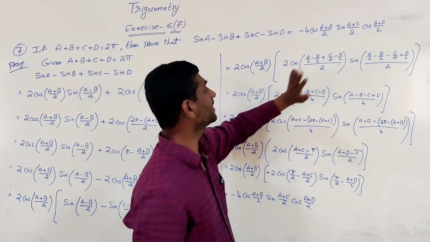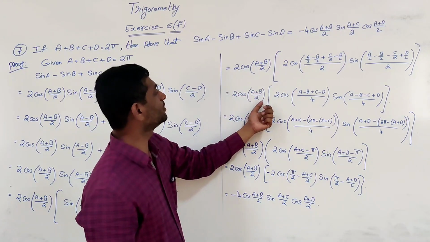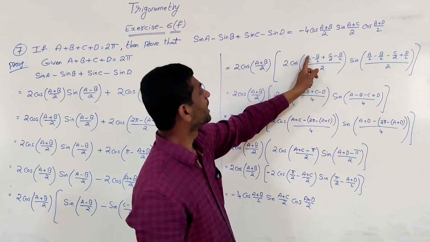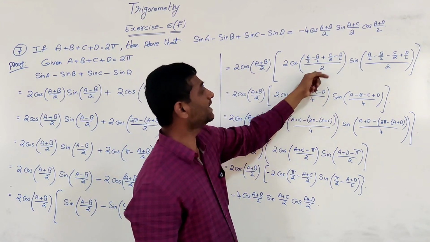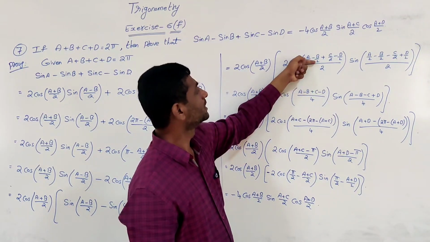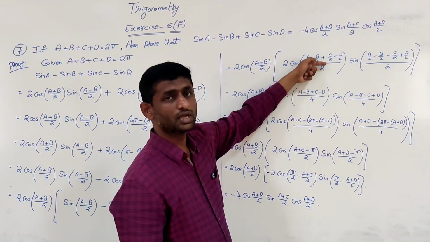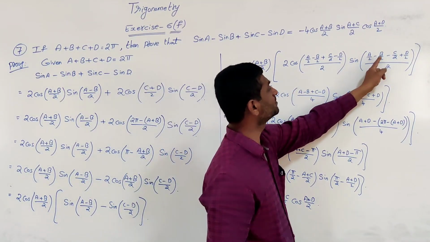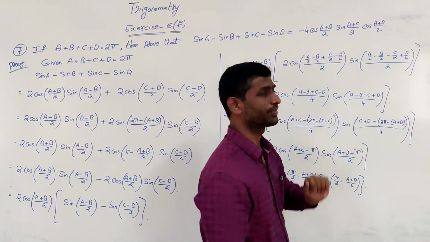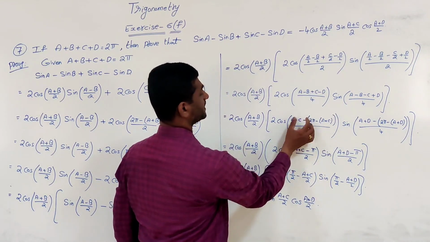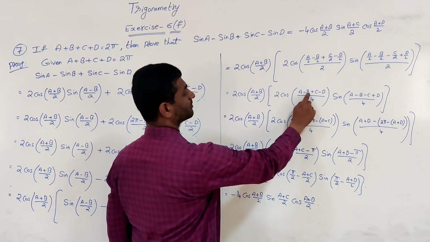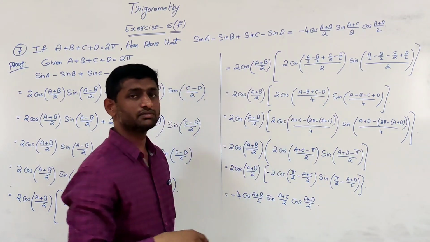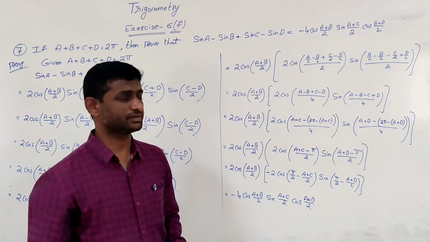So if we simplify, 2 cos (A plus B)/2, 2 cos of (A minus B plus C minus D)/4, because the LCM is 2 and again in the denominator there is one more 2. So 4 sin of (A minus B minus C plus D)/4. So A plus C is written as, and we will be left out with minus B minus D, means that can be written as minus of (B plus D).